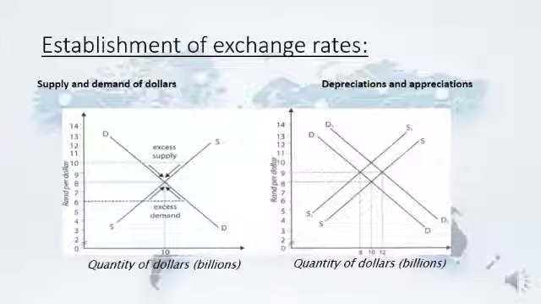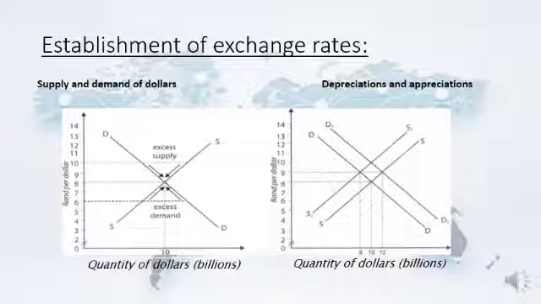So now your new equilibrium point would be where D1 intersects SS, which is now also 9 rand per dollar, which means you're paying more rands for each dollar. The dollar has appreciated, and at the same time, the rand has depreciated.